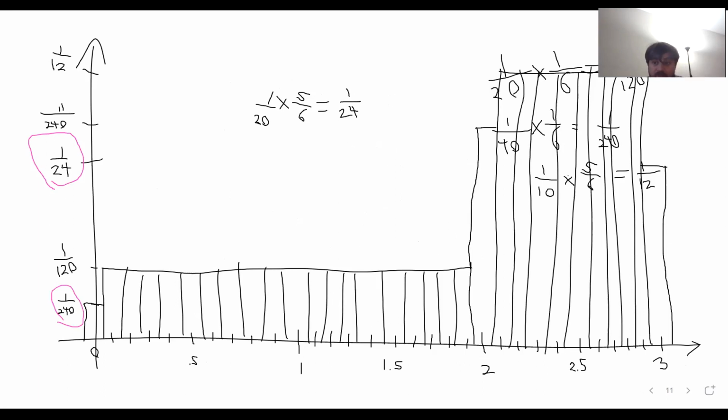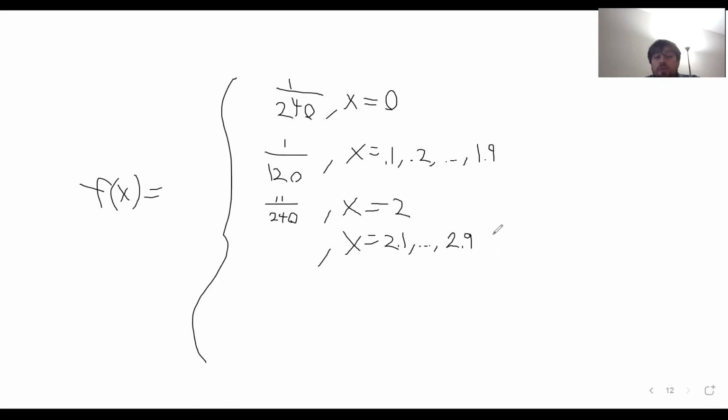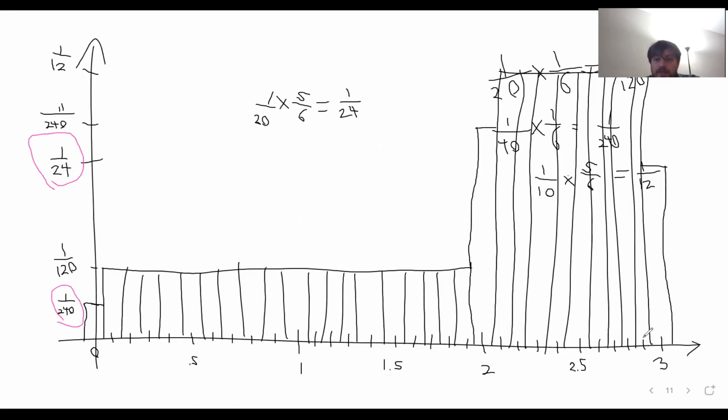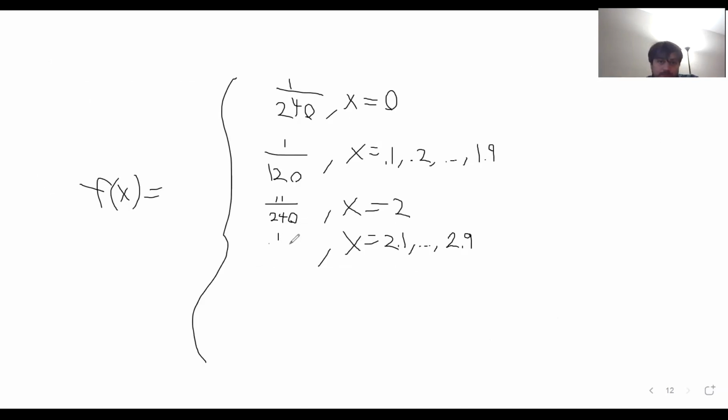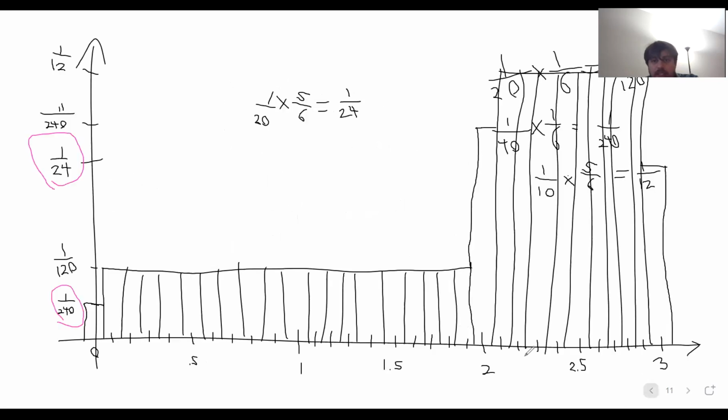This is perfect. So you can go by this. 2.1 to 2.9 is 1/12. Okay, and then probably X equals 3 is 1 over 24.